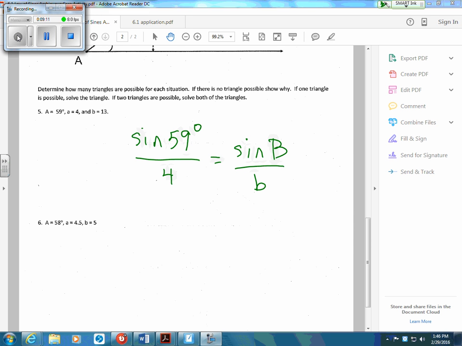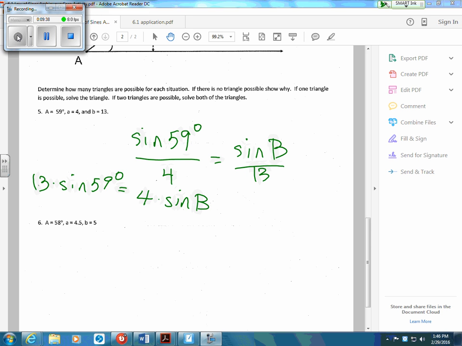We want to cross multiply here, and we're going to get that B times the sine of 59 degrees has to equal 4 times the sine of angle B. Agreed? Was I supposed to fill in 13 for B? Yes. All right, so that's a 13, that's a 13.